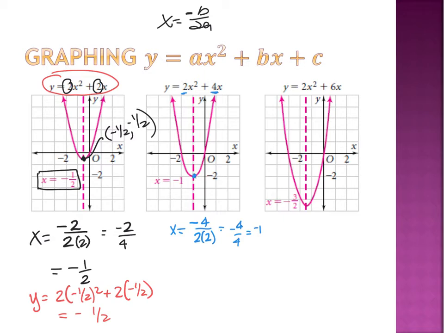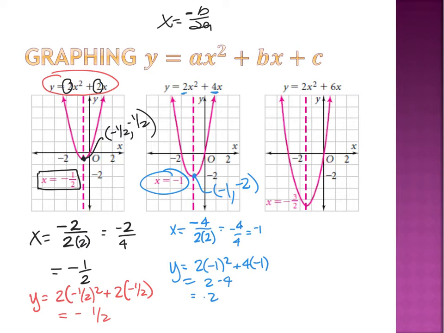So my coordinate for this point here is a negative 1, and then for the y value, I'm going to just plug this in. I have 2 times a negative 1 squared plus 4 times negative 1, and this is going to give me 2 minus 4, which is a negative 2. So my coordinate point then is negative 1, negative 2.